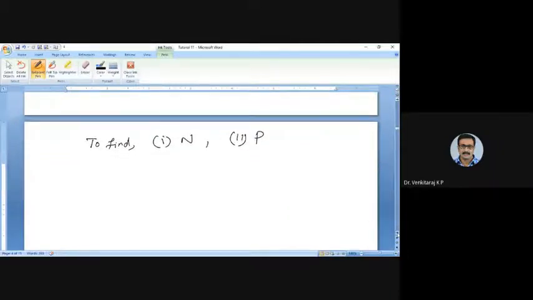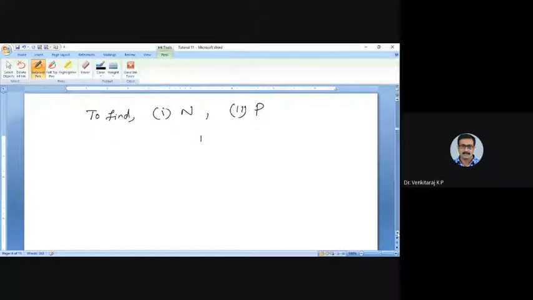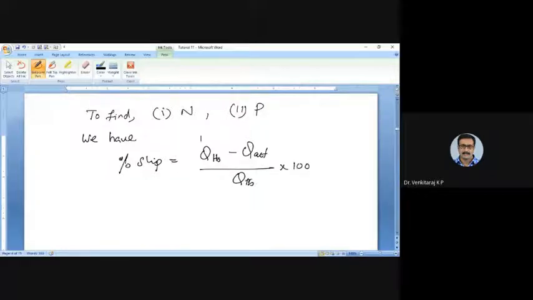So now let us start from the definition of the percentage slip. The slip value is given as 2%. Percentage slip is equal to Q theoretical minus Q actual by Q theoretical into 100, or we can write this as 1 minus Q actual by Q theoretical into 100.